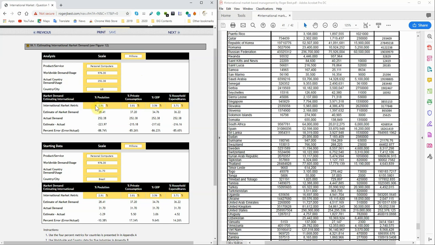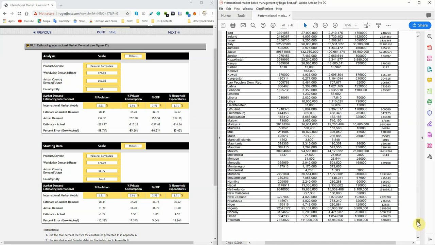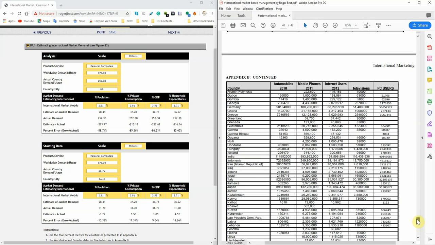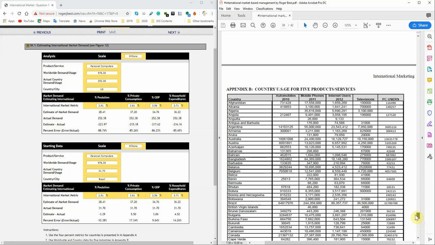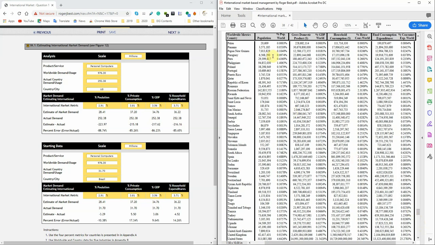We will also change the four indicators of the size of the country market. We can find those statistical indicators in the appendix, maybe on the previous page. Over here, there are four different indicators in the columns, and at the bottom we can find the United States.